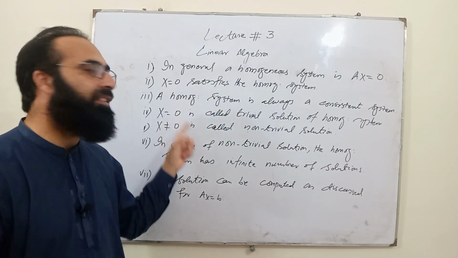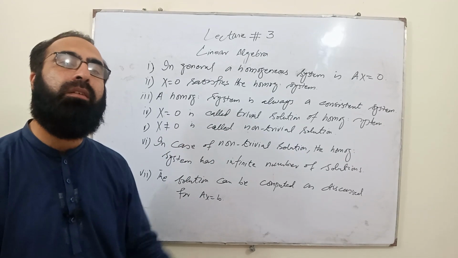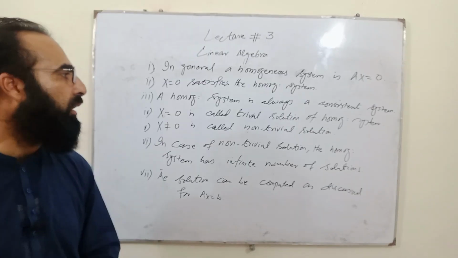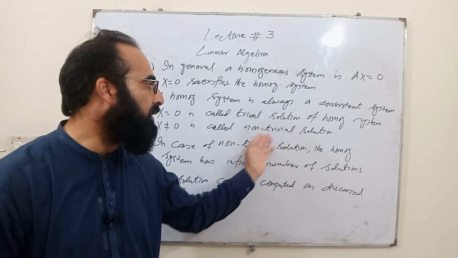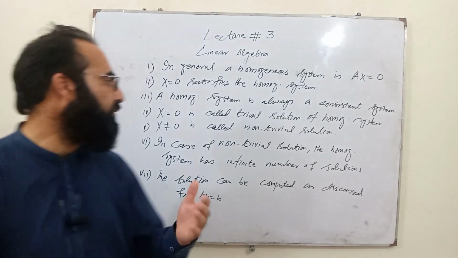And a solution x equals 0 is called a trivial solution, and a solution other than the trivial solution is known as a non-trivial solution. A trivial solution is also known as a zero solution, and a non-trivial solution is also known as a non-zero solution.